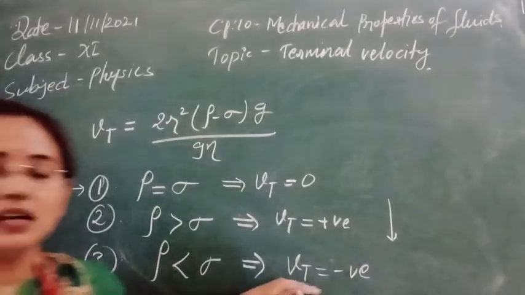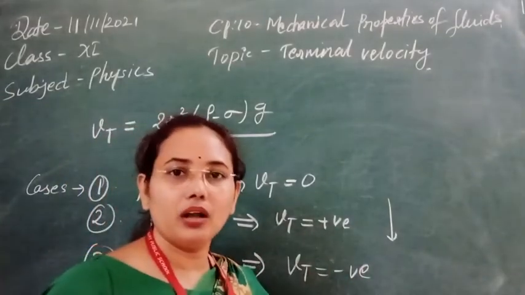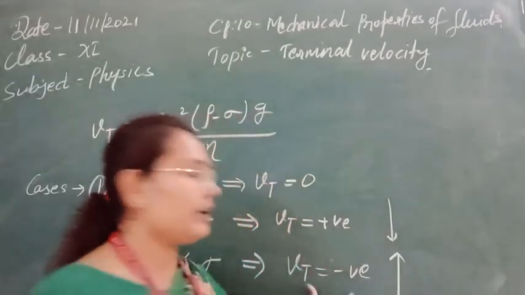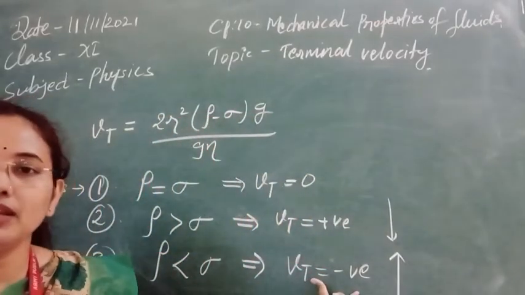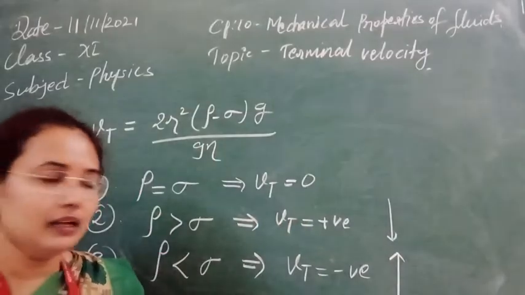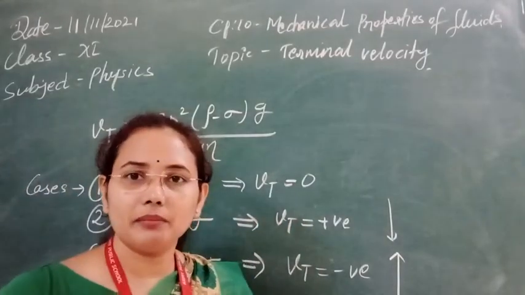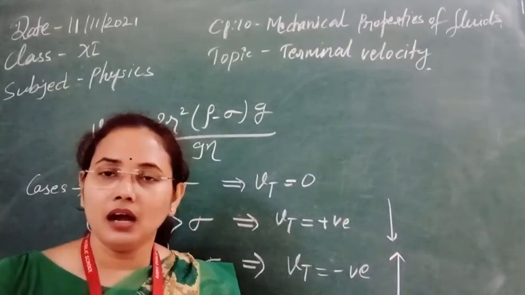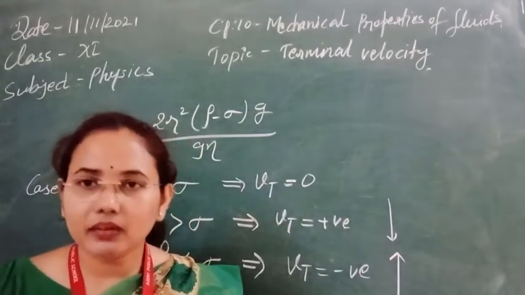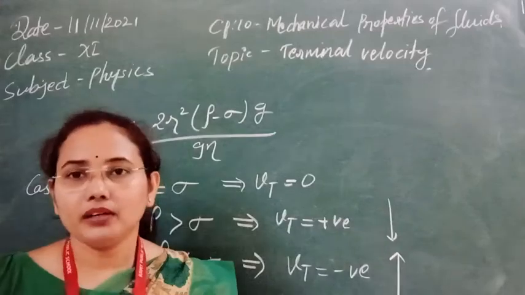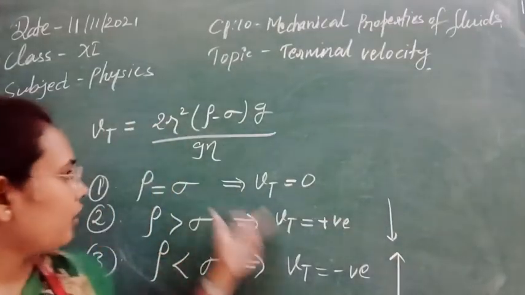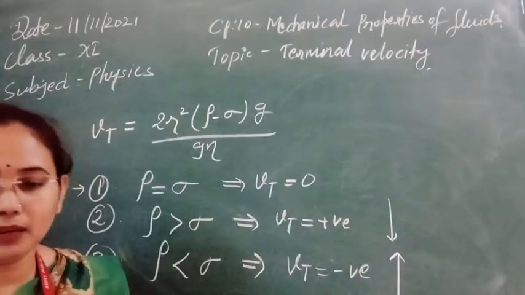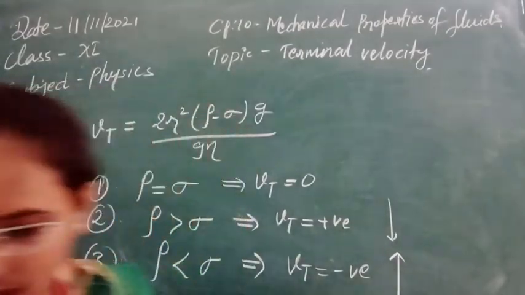Negative velocity means the direction of movement of the ball will change. If it was moving in the downward direction before achieving terminal velocity, then after achieving it, it will start to move in the upward direction. It will alter its direction of movement and come to the top of the liquid surface again. You can understand all these things easily using the concept of terminal velocity. That is all; I think it is now clear.